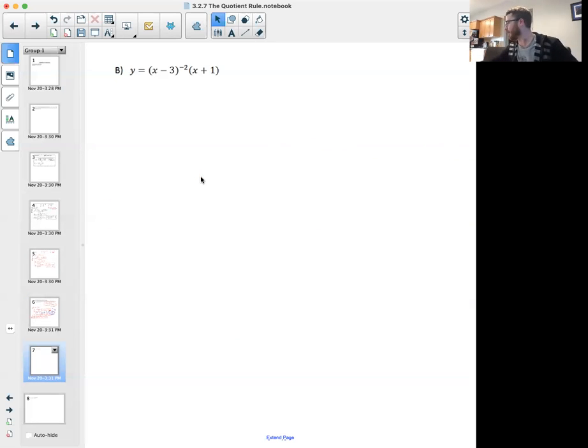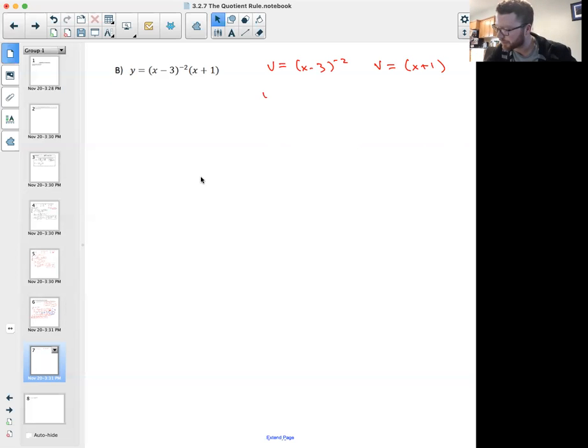Okay, so this next one, we have y is equal to x minus 3 to the -2 multiplied by x plus 1. Okay, so we will let u equal x minus 3 to the -2. And v will be x plus 1.